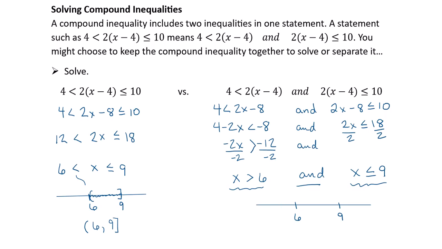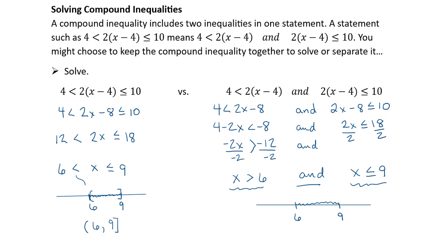Those are not going to work for us because it has to be true for this statement and for this statement. So let's try the middle. Between 6 and 9, maybe 7. Is 7 greater than 6? Yeah. Is 7 less than or equal to 9? Yes.